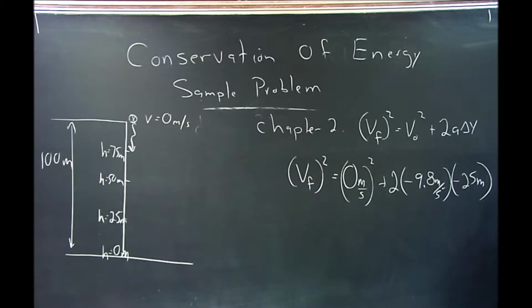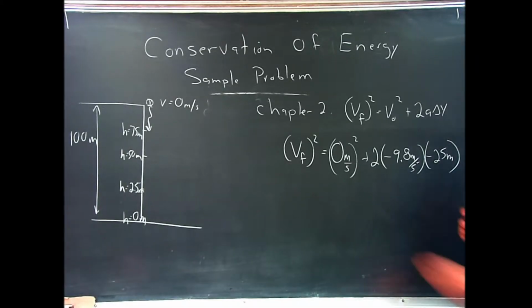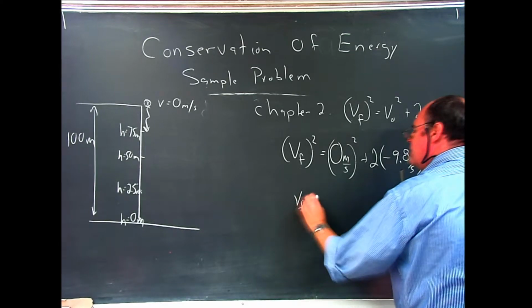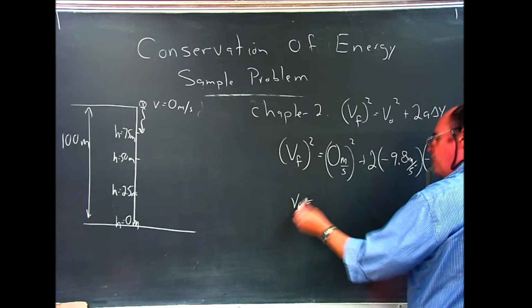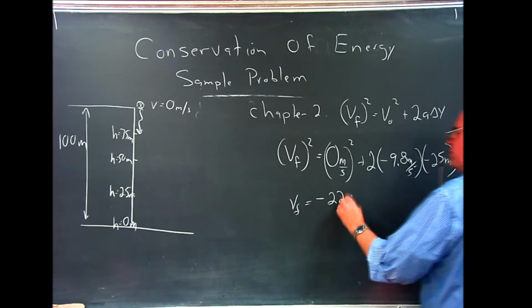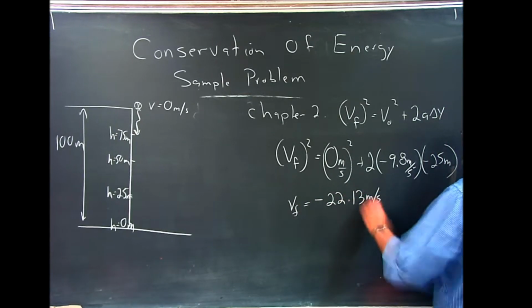So if you take out your calculator, V final comes out to be 22.13, and remember, when you take the square root of both sides, it's a plus or minus.